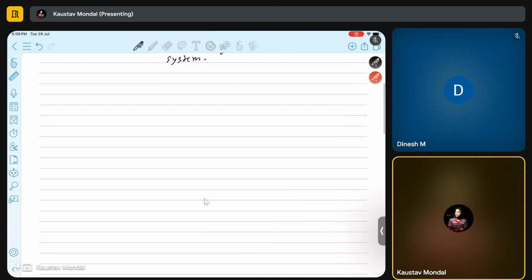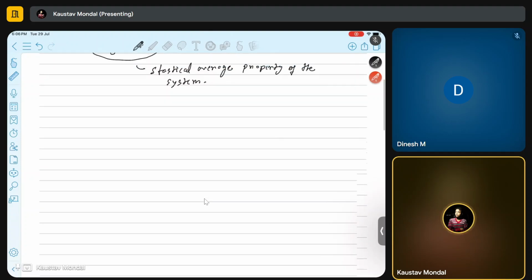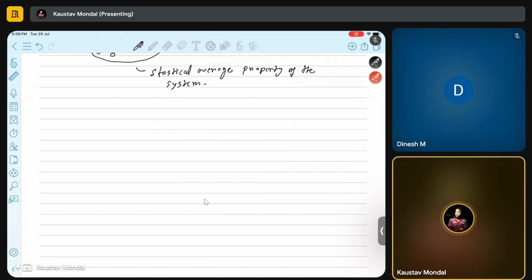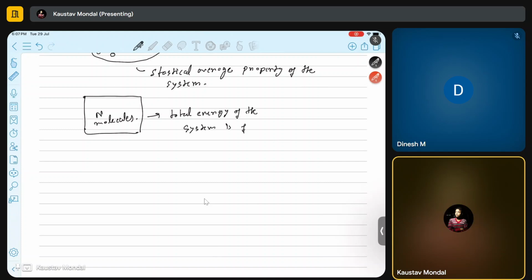In general in statistical mechanics, at the beginner level, we take a system which consists of N molecules. Let's suppose this is a fixed energy system, so the total energy of the system is fixed.